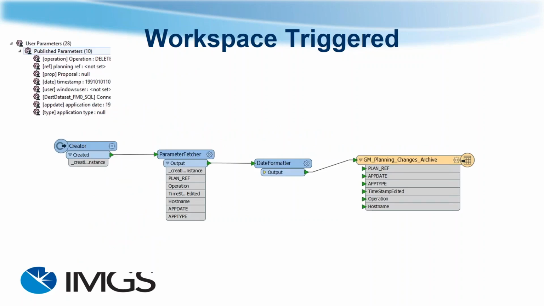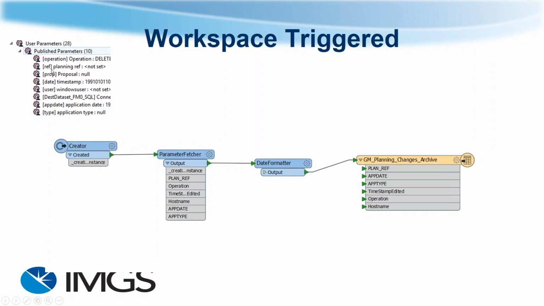Here's the workspace first. What we have is a creator there. It's taking in the record and the parameters that are being passed through from the URL. I'm going to show you the breakdown of that trigger in a moment, but it's handy to understand what workspace is actually being triggered on the back of it. Here I've got a parameter fetcher, and you can see some of my published parameters up here in the corner. I have the planning reference, that ref published parameter right here.